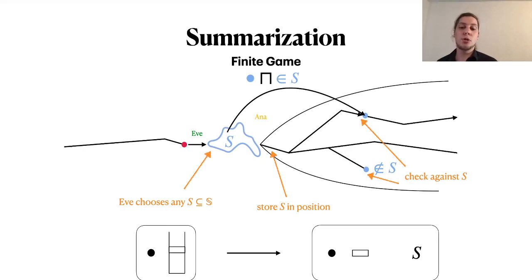So after the push, we have to remember the maximal priority that we have seen since the push of that top of stack symbol. And then when we run into the popping situation, we just have to look at our position, look at the state, look at the maximal priority, and check whether this summary is contained in the set of summaries that were proposed by Eve. And then we let Eve win if this is the case, and we let Anna win if it is not included.